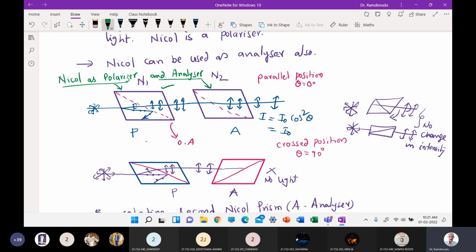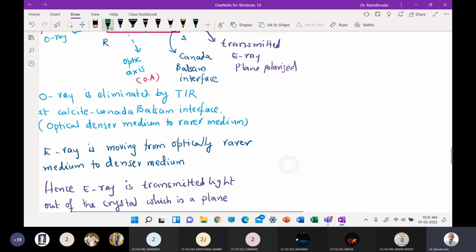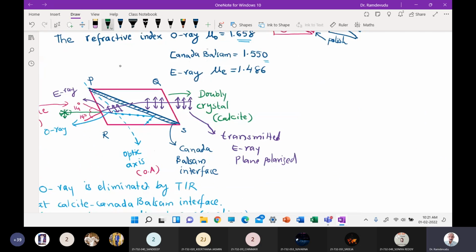That is important. But here also we can use Snell's law. You know that mu is equal to n1 by n2, where the refractive index of the O-ray is 1.6586 and the other, of the Canada balsam, is 1.55.